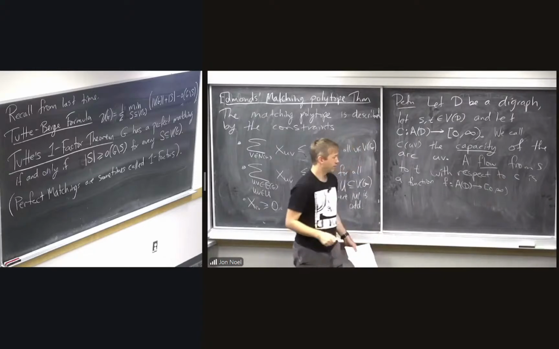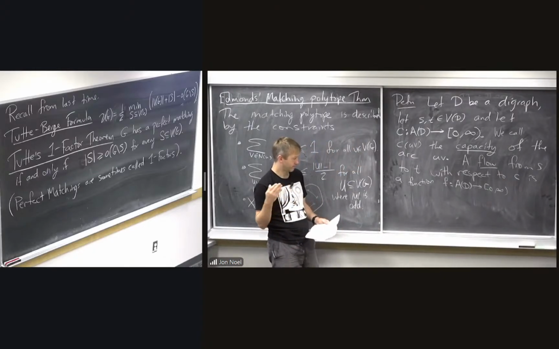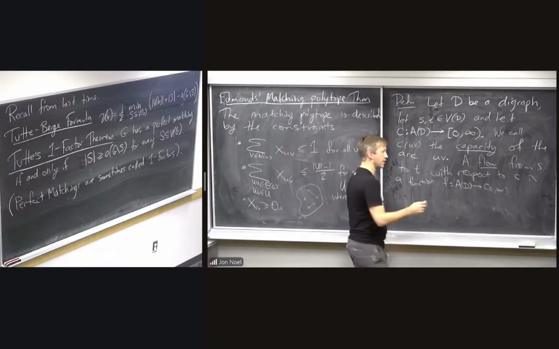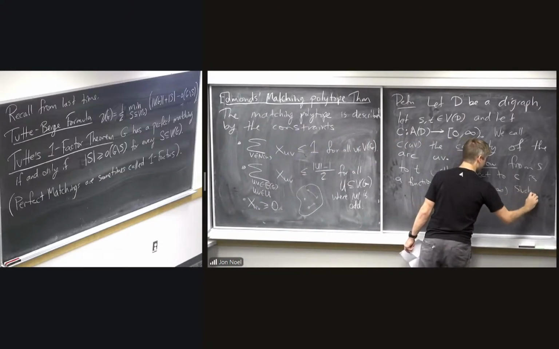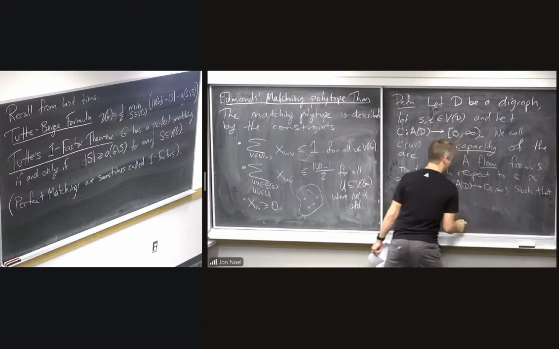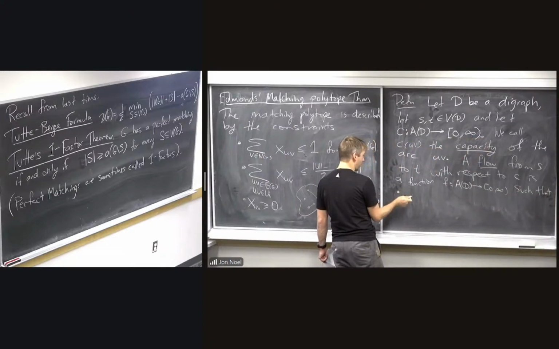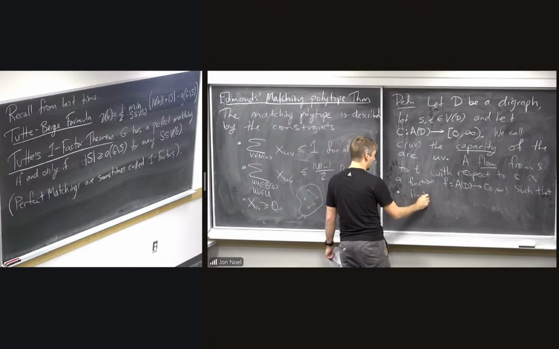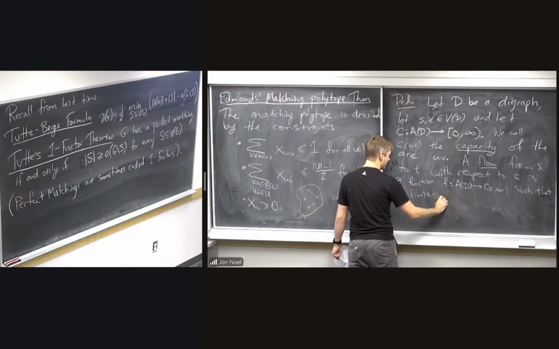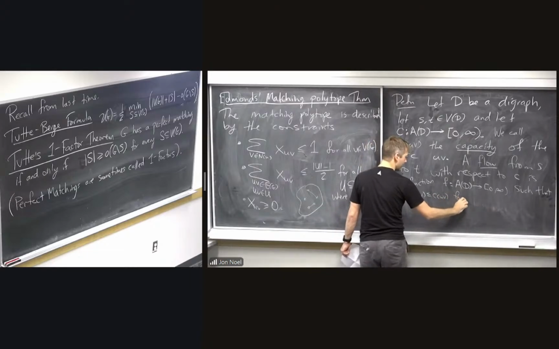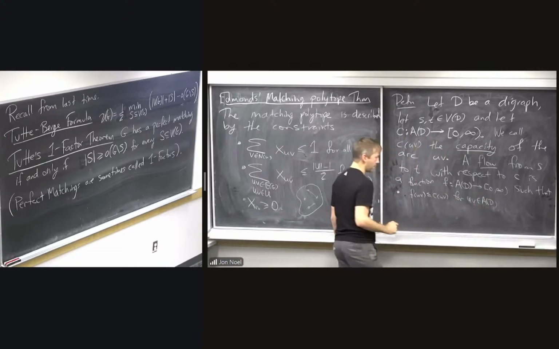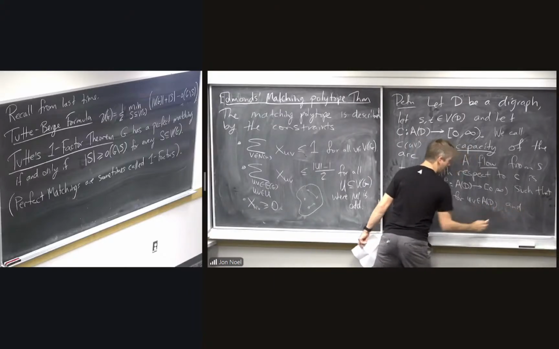Again, I'm going to map every arc to a non-negative number such that, I need a few conditions. First of all, the flow on every arc has to be at most the capacity.